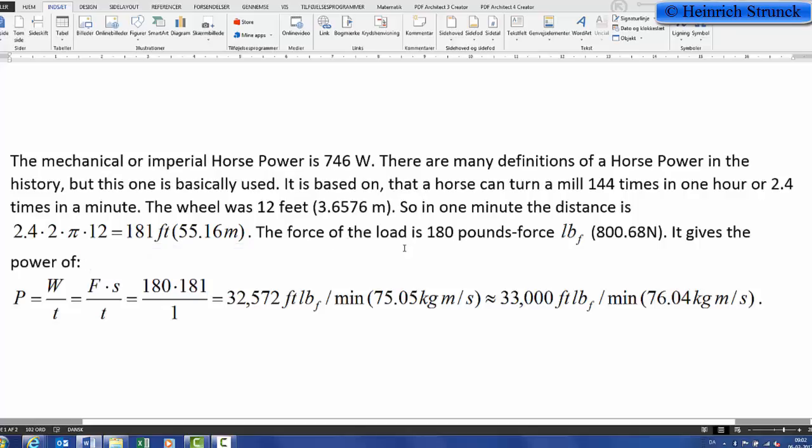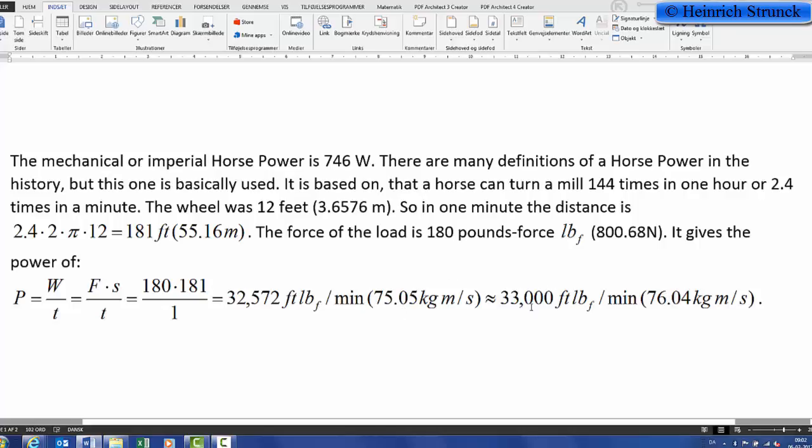The force of the load is 180 pound force, and it gives the power of, and we know again the power is the work divided by time, or the force times the distance divided by time, and the force was 180 pound force, and the distance was 181 feet, so it gives 32,572 feet-pounds force per minute.